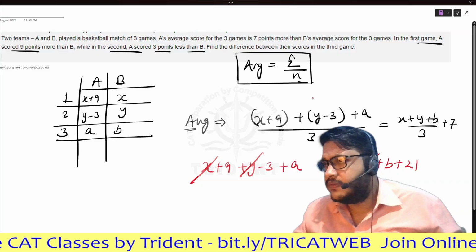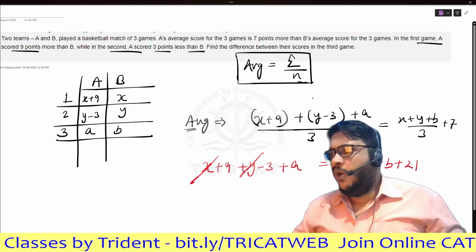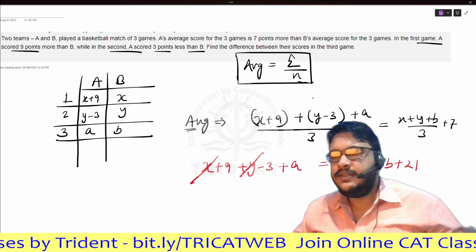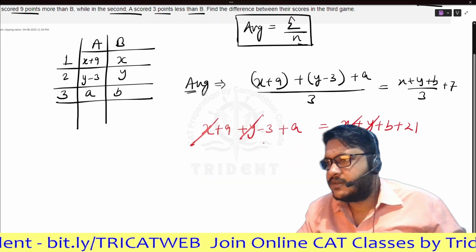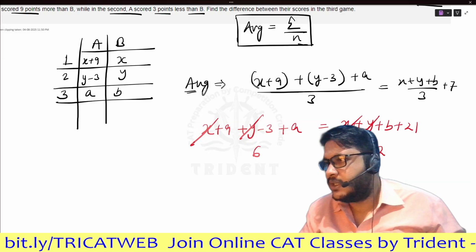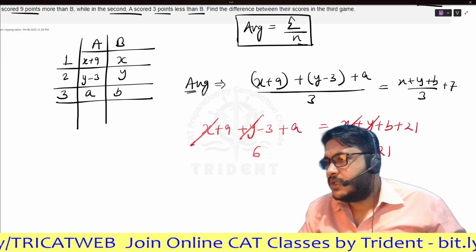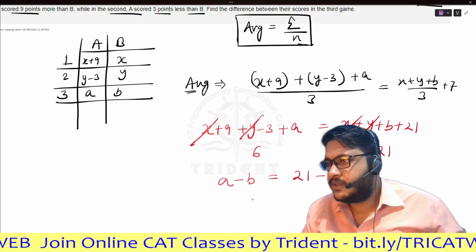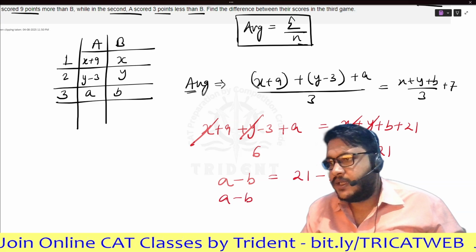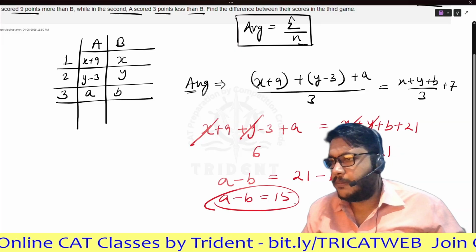They're asking what is the difference between their scores, B minus A or A minus B, whatever, right? So let us do that. This is 9 minus 3, that is 6, and over there is 21. So let us say A minus B is equal to 21 minus 6, that is 15. So A minus B is 15.